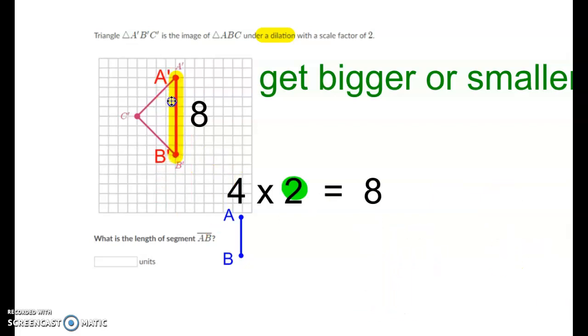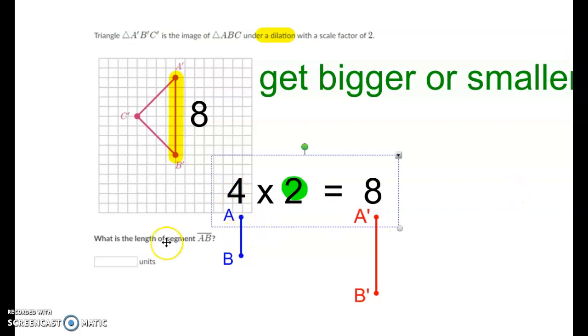Here's that A prime, B prime. It ended up at 8 units long. So it must have been a 4 at the beginning. So I would take this answer, 4, is what I would put in here for my answer. That's what AB is.